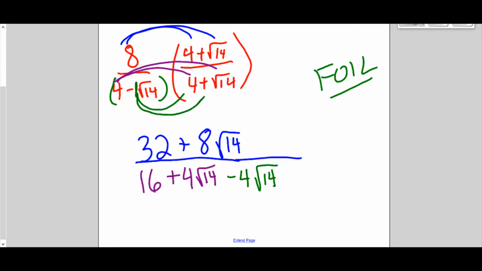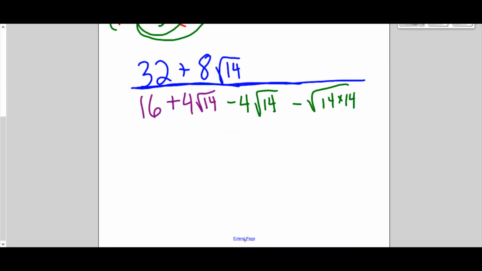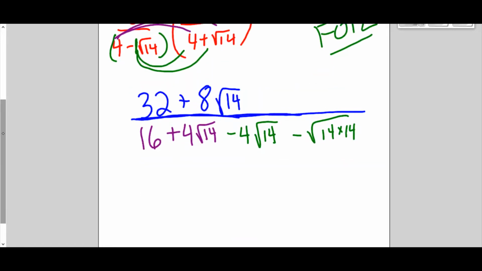And then -1 square root of 14 times positive square root of 14 is just going to be negative square root of 14 times 14, like that. So this is what you get when you do all your multiplication.